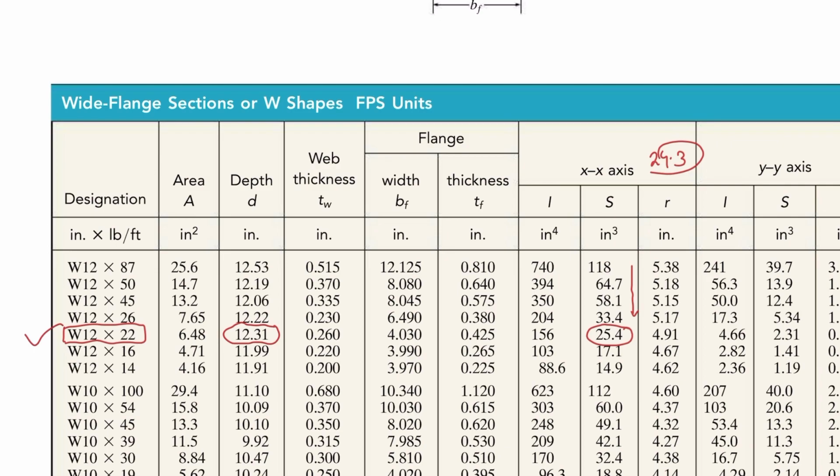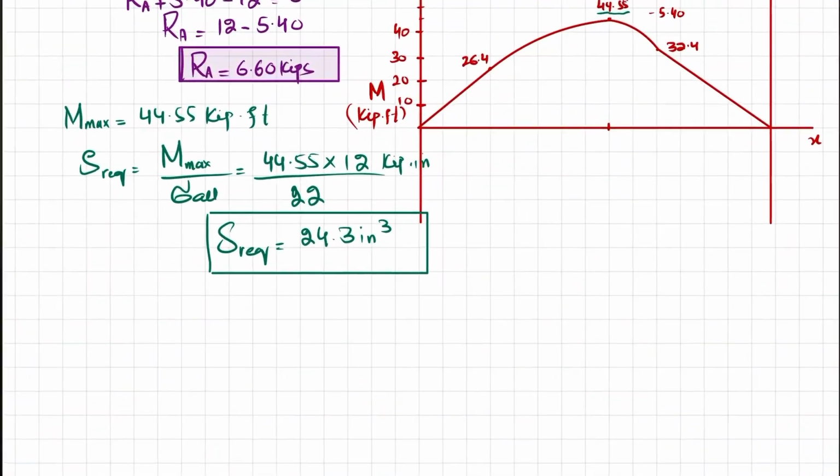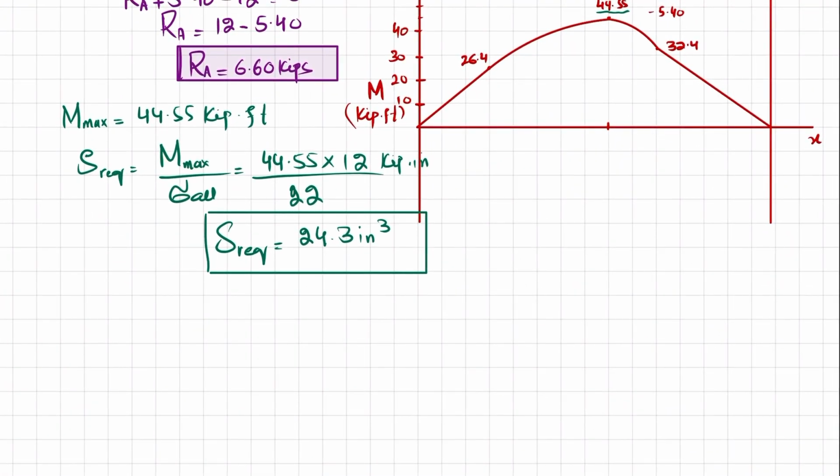Also, I will write down some values of this wide flange beam, its depth. Note down the thickness of web, which is 0.260, and Sx, section modulus, 25.4. So we have chosen W12 by 22 based on section modulus, as I have explained.